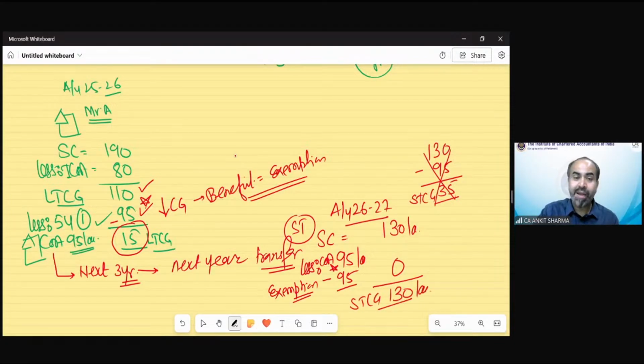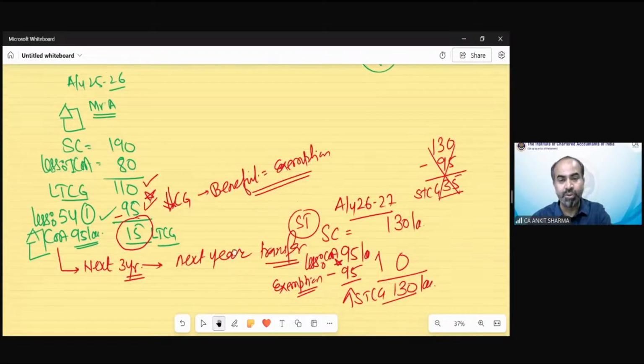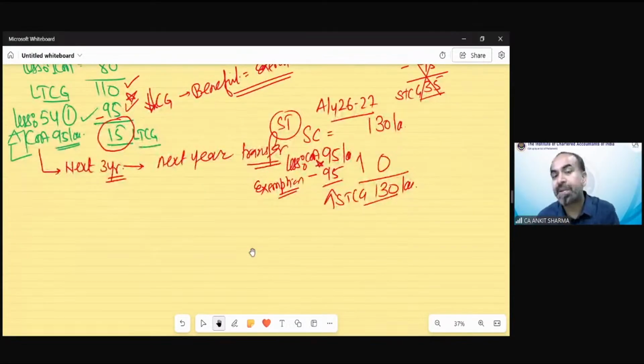So you take the benefit and reduce the capital gain by 95 lakh. So we withdraw the benefit, and due to that, we increased your gain by 95 lakh rupees. So if you transfer that specific asset for which you have claimed the exemption, the cost of acquisition is going to be reduced by the exempted amount.